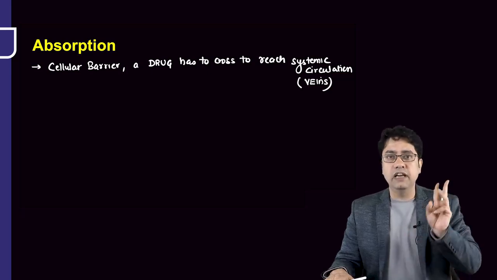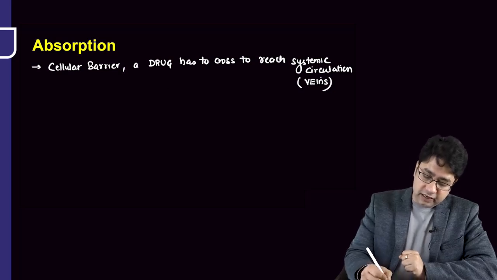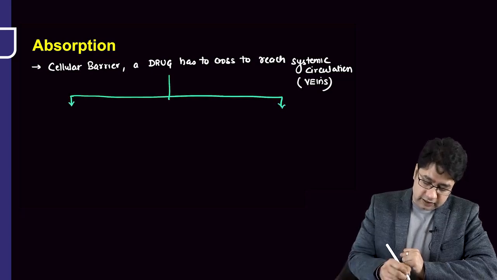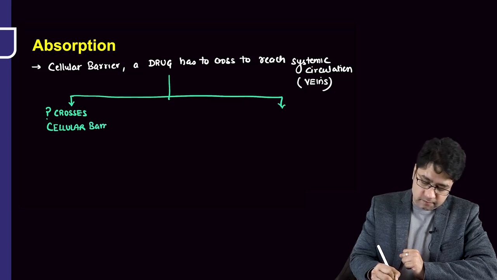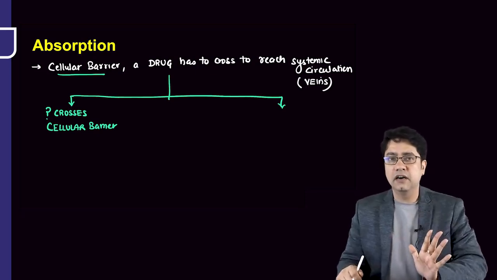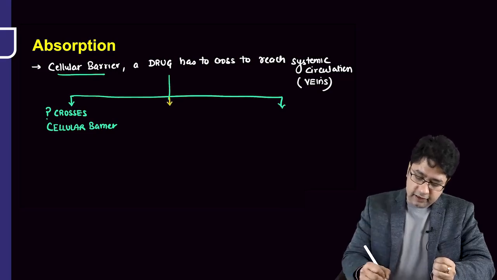Now, in absorption, we have to learn three things. The first thing is, how does a drug cross the cellular barrier? Through which method does a drug cross the cellular barrier? Agreed? After we are done with how a drug crosses the cellular barrier, we will decide accordingly the route of administration of a drug.